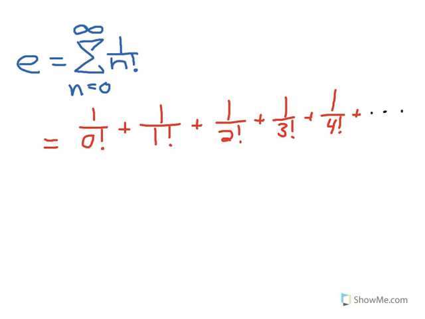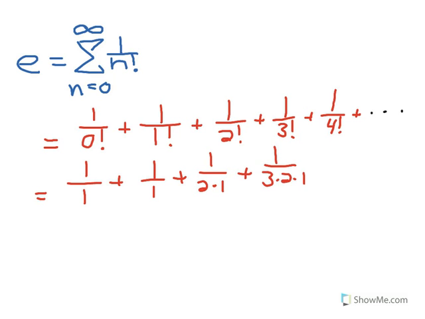So let me show you here what that's going to look like. 0 factorial is 1. 1 factorial is 1. 2 factorial is 2 times 1. 3 factorial is 3 times 2 times 1. 4 factorial is 4 times 3 times 2 times 1. You are going to have to do more fractions than what you see here.